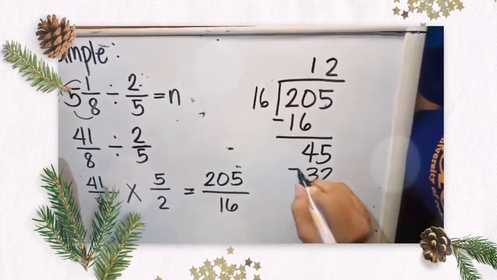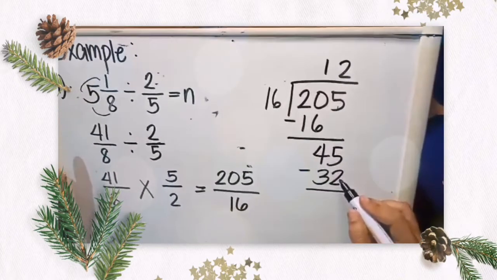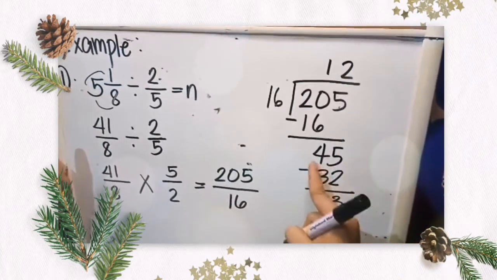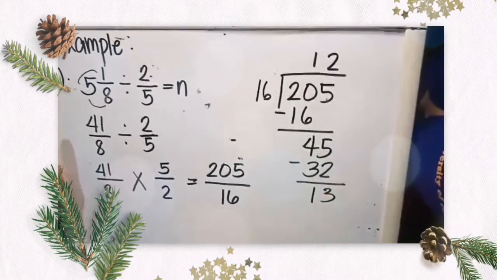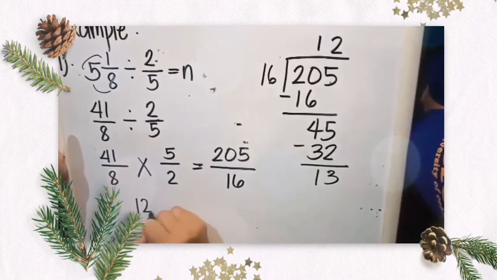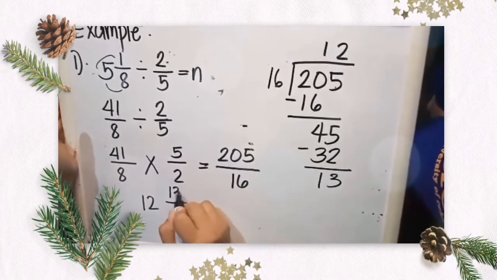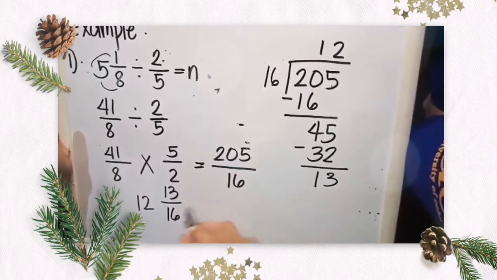You subtract 5 minus 2, 3. 4 minus 3, 1. So your answer is 12 and 13 over 16.